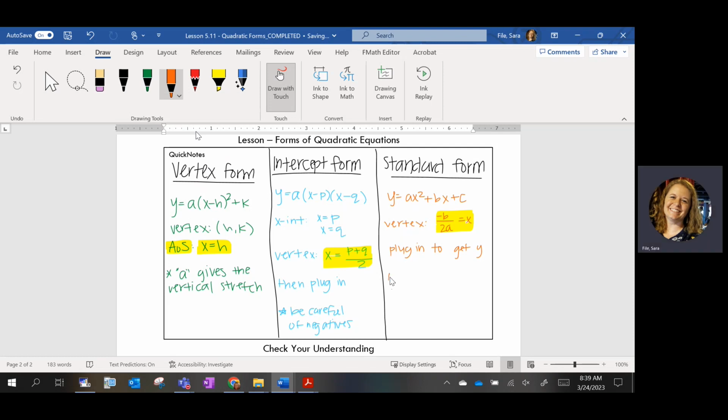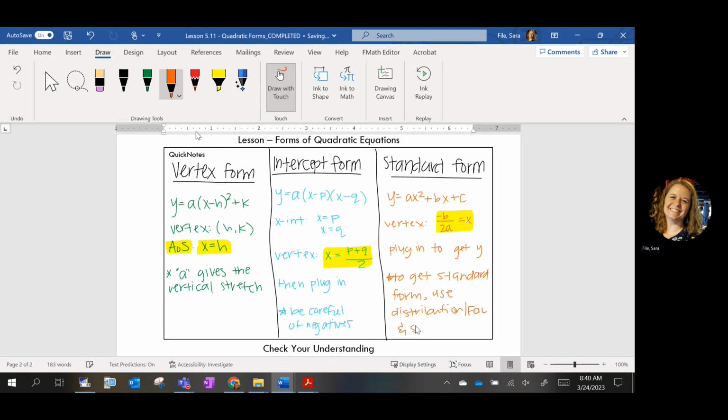You can always switch to standard form. So to get standard form from one of the other forms, you just use distribution, FOIL, and simplify.